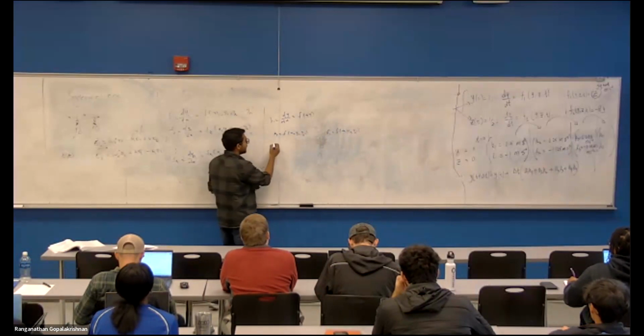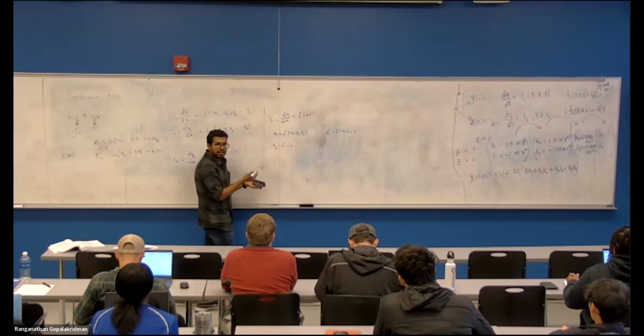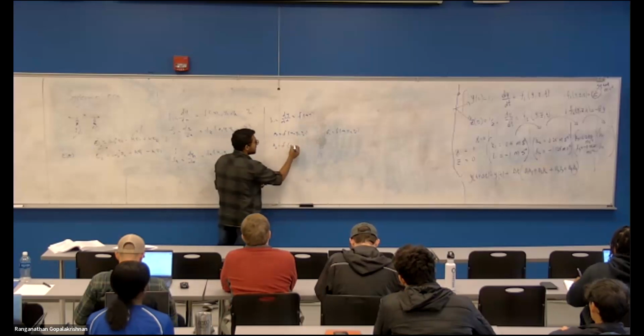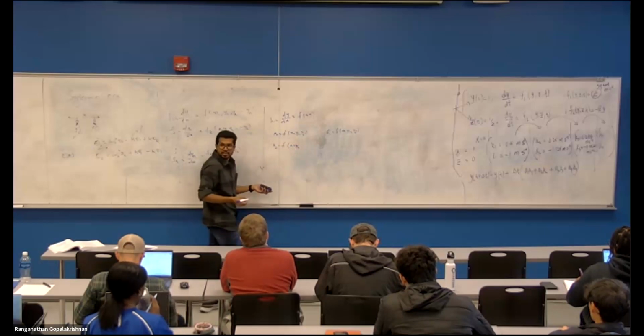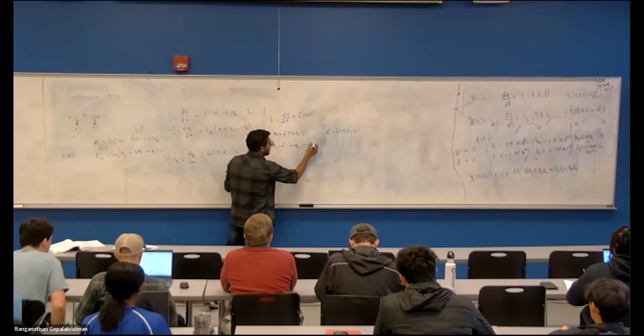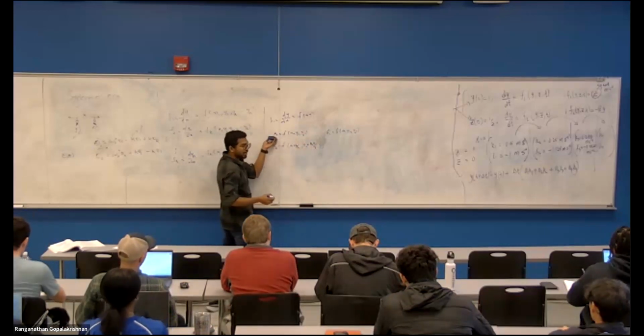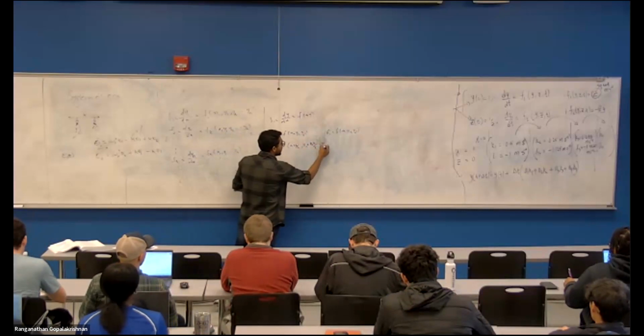Then we need k2. k2 is f of x0 plus h by 2, since we are finding it at the midpoint of the interval, and y10 plus k1 h by 2. So y1 changes with k1. And the third argument is y20.